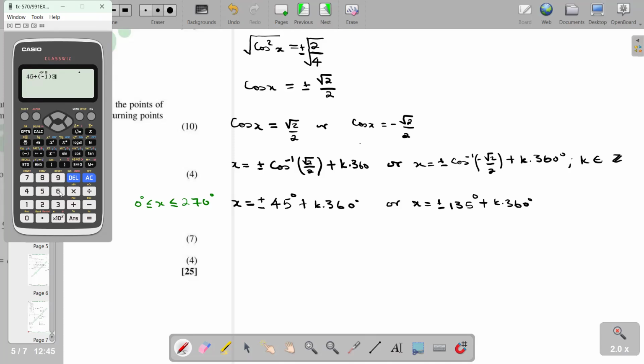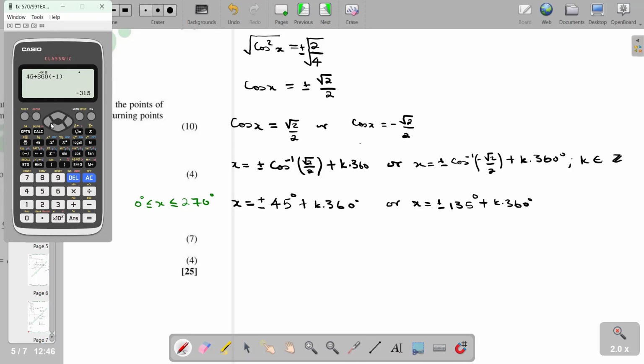Let's put the k at the end, let it be 360 times k. So our k, we said let's put -1. We are getting -315 degrees, which is outside the range.